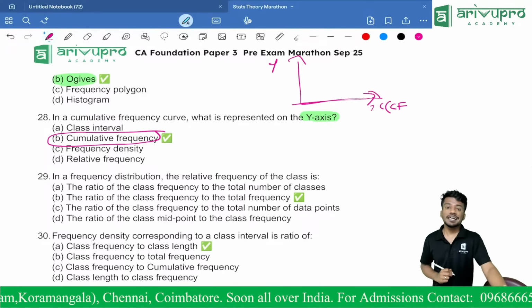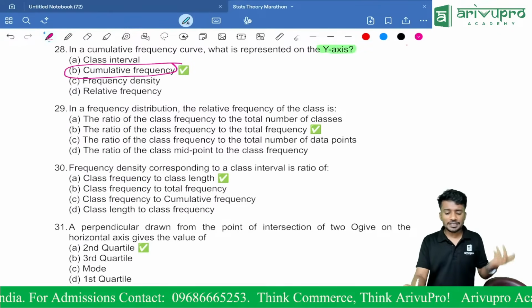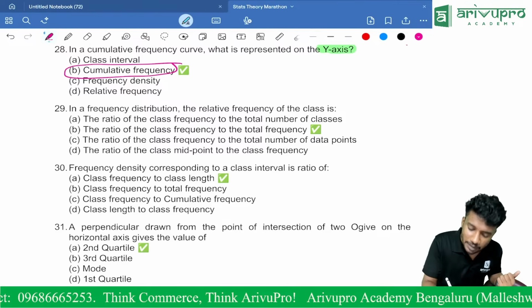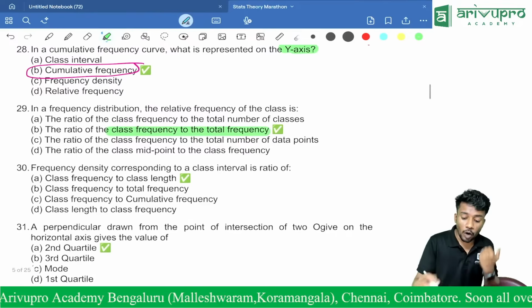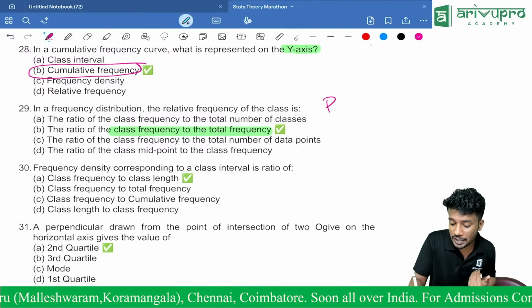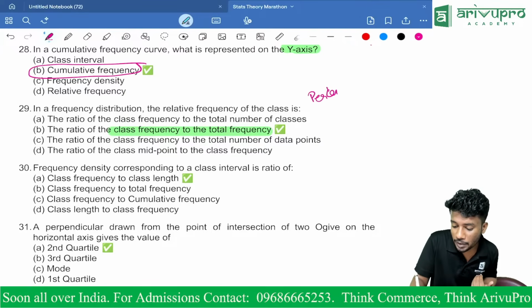Then, in a frequency distribution, the relative frequency is the ratio of class frequency to total frequency. Percentage frequency, I'll write it here itself.